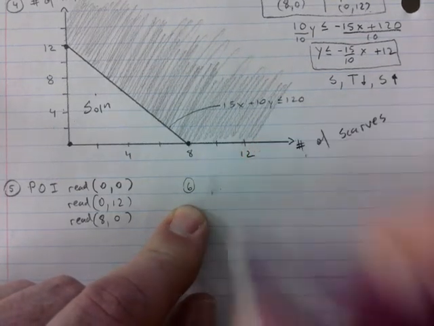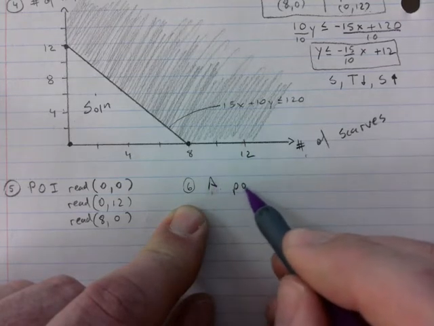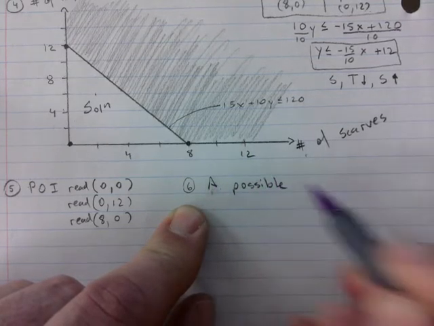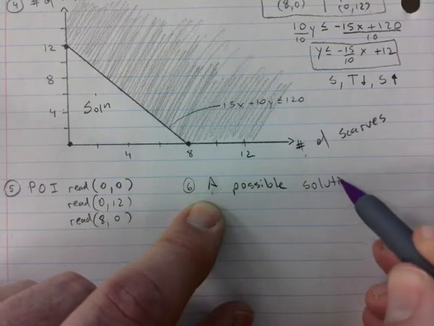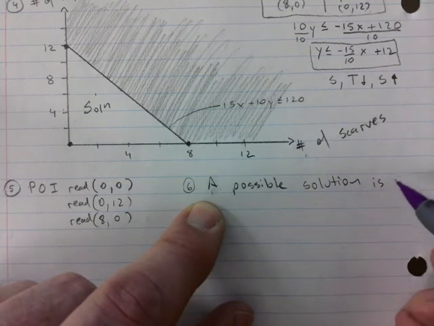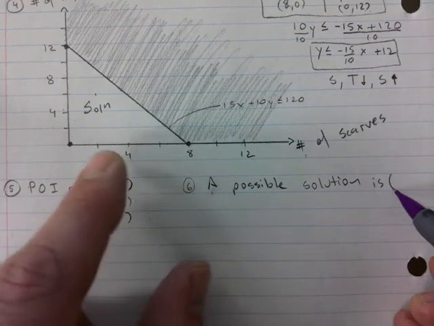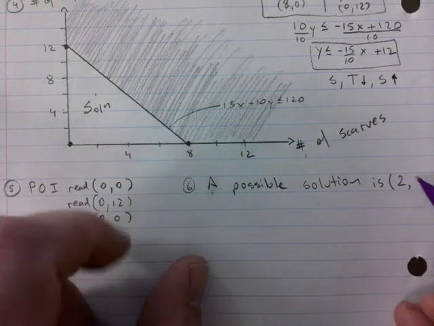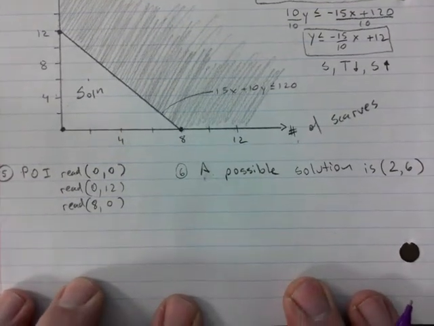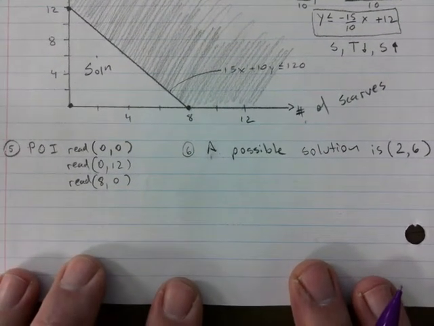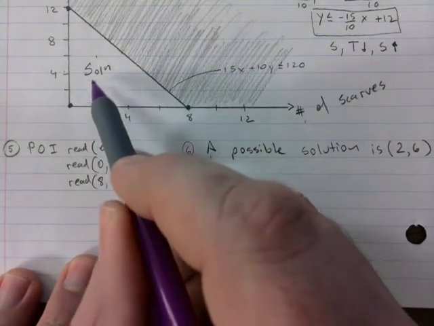So how about this? We just first write a possible solution, because this can vary from student to student, right? A possible solution is, I'm going to go 2, 6. So basically just look at your graph, right? 2 is here, 6 would be right there.